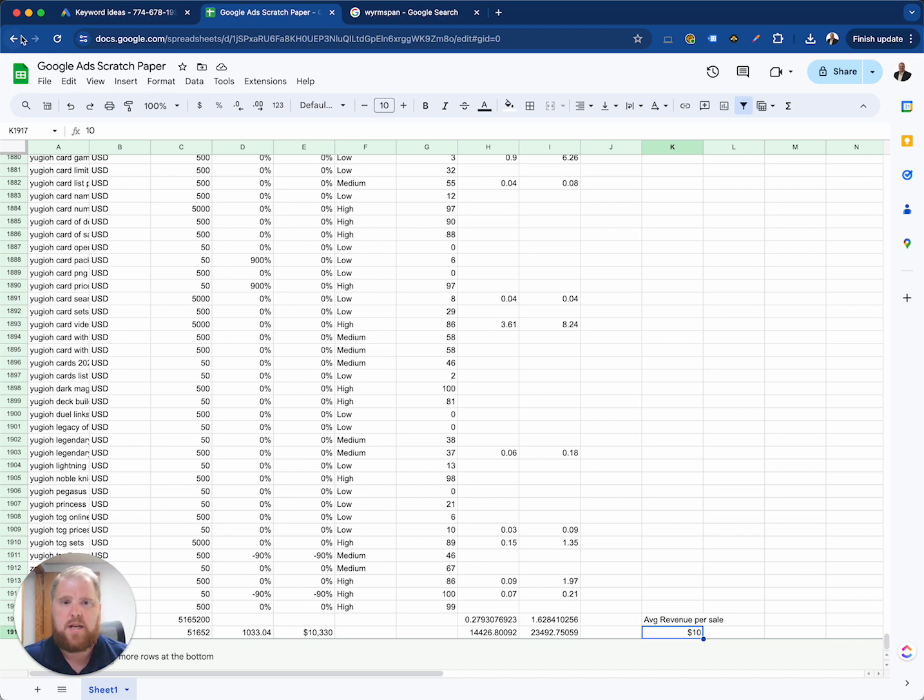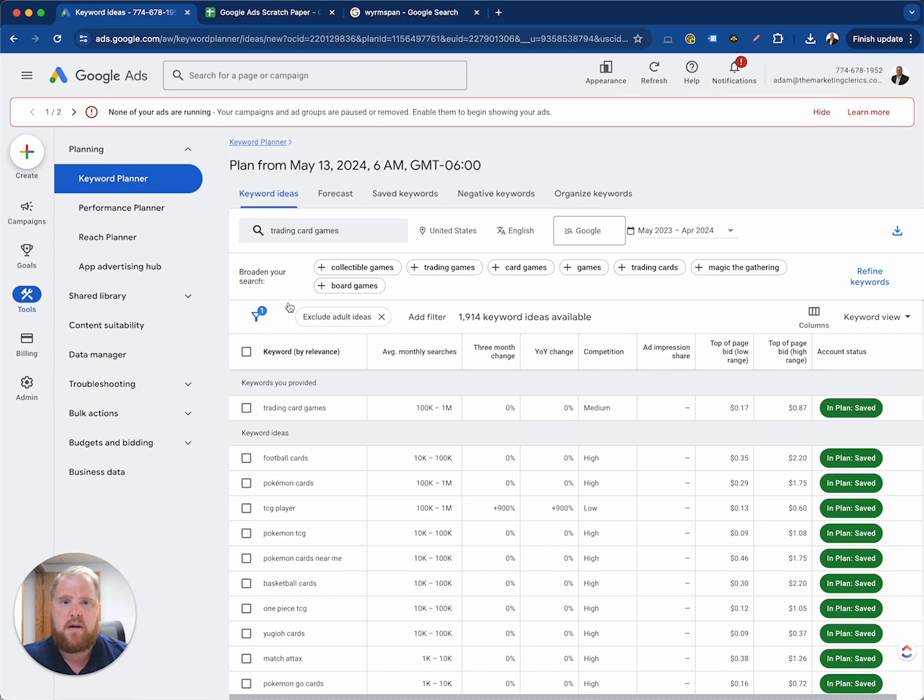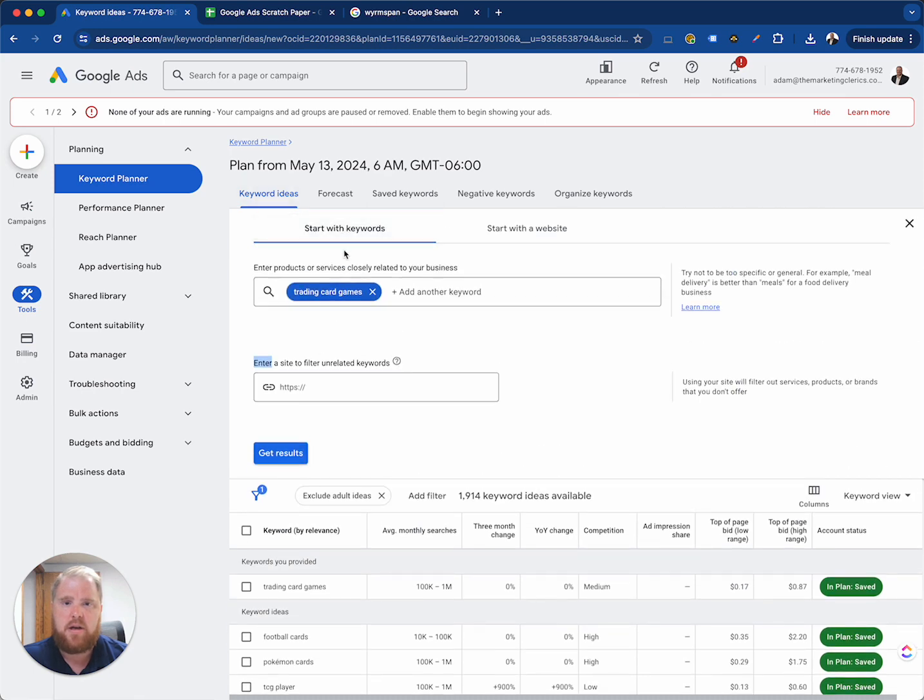So, for example, if the marketing clerics were doing this exercise, we would look at keyword ideas. So let's do something for the marketing clerics. So social media management.